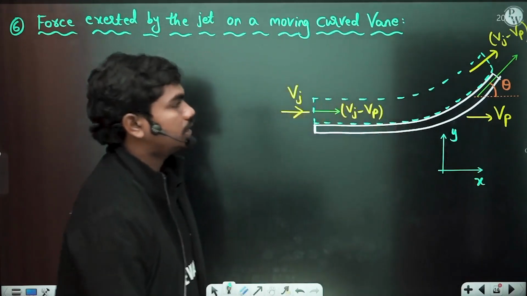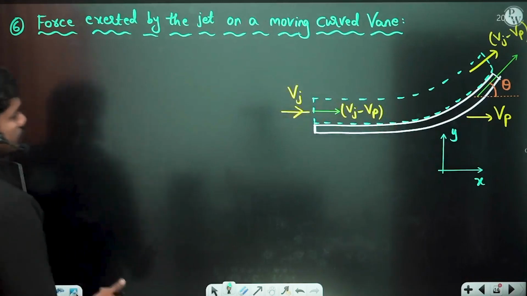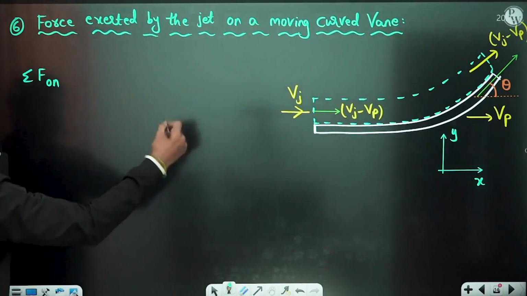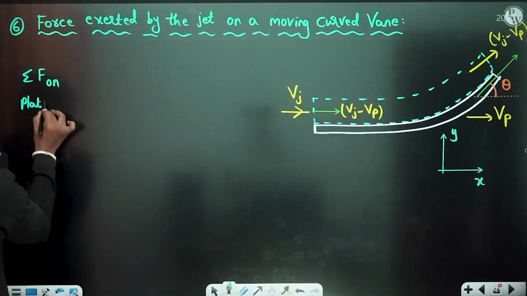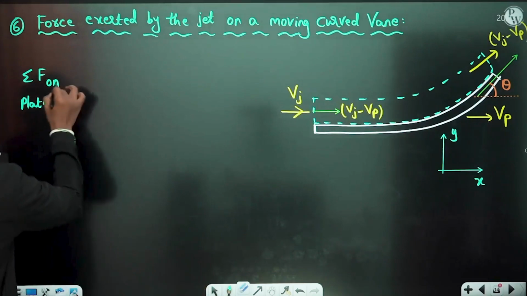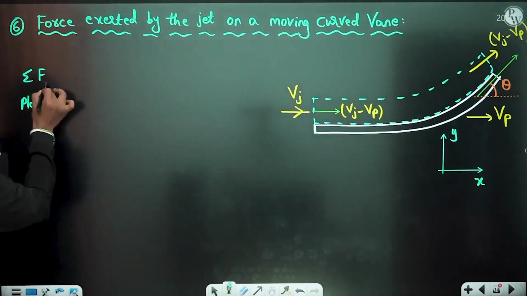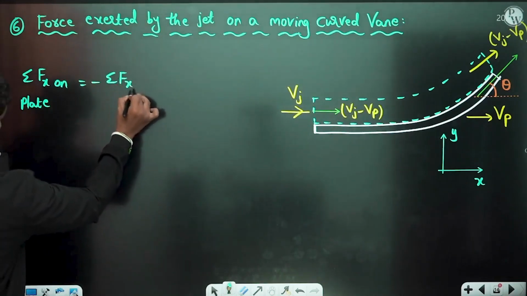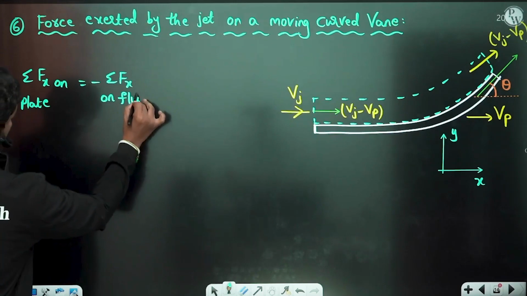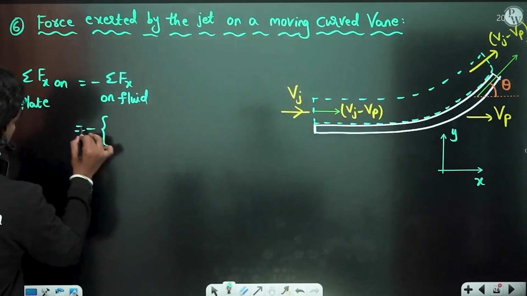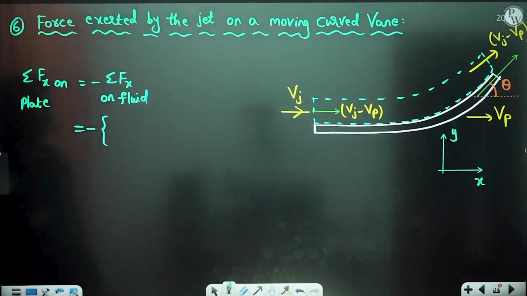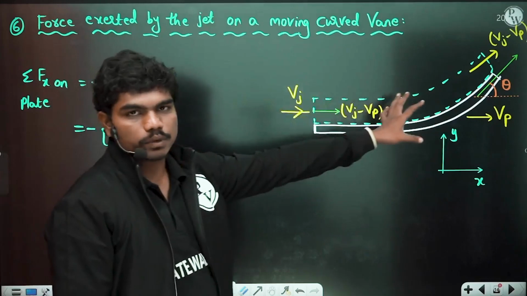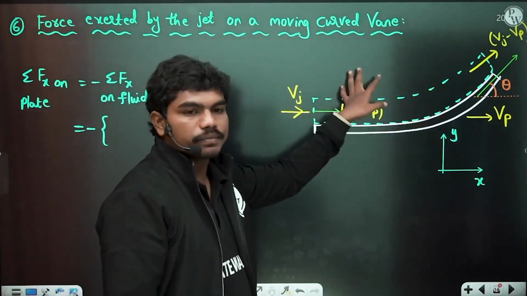Now sigma F in the x direction on the plate is equal to minus sigma Fx on the fluid. In this case, there are no other pressures than the atmospheric pressure. A complete thing is happening in the atmosphere, so there are no excess pressures.